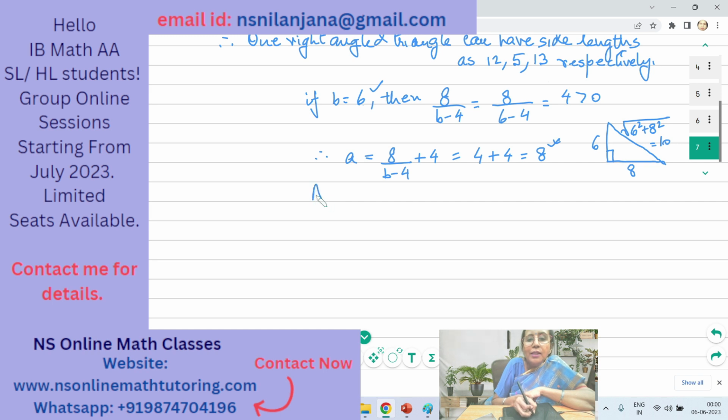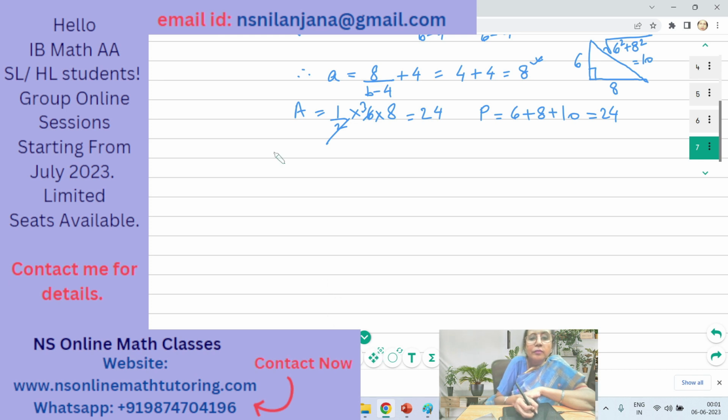So area A is equal to half times 6 times 8 equal to 24, and perimeter is equal to 6 plus 8 plus 10, 14 plus 10 equal to 24. See, A is equal to P.